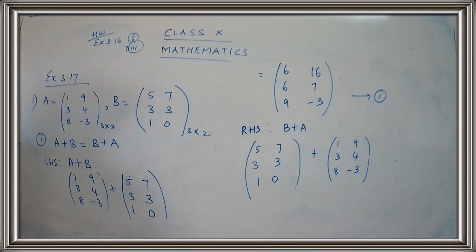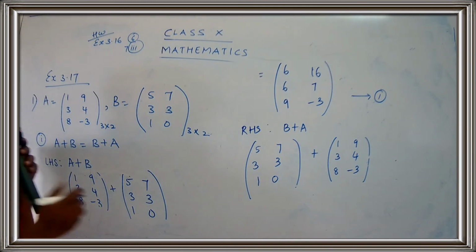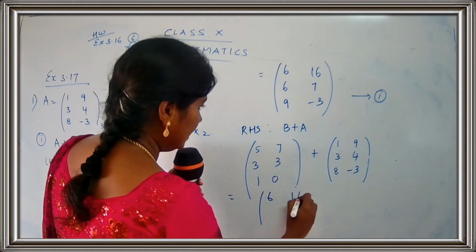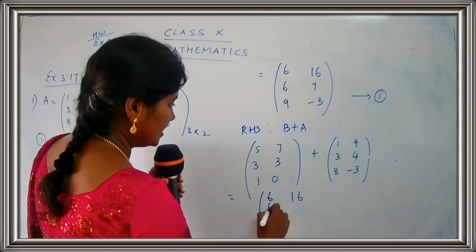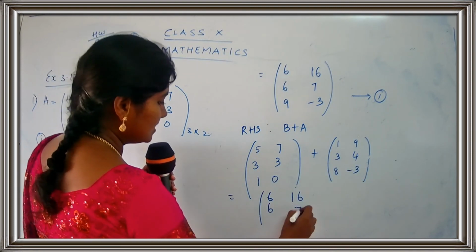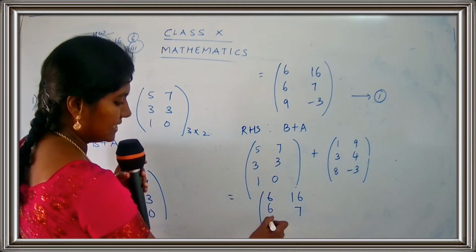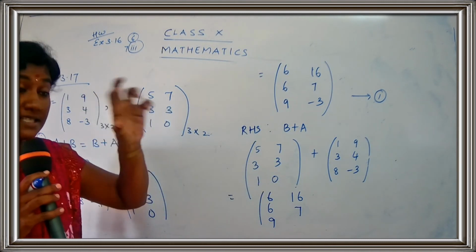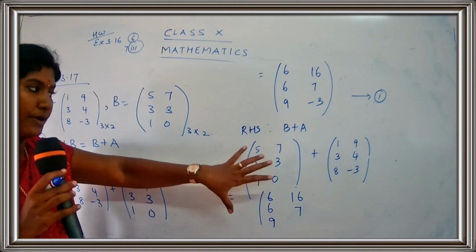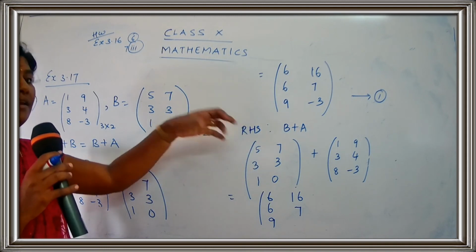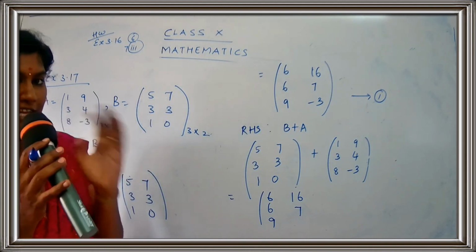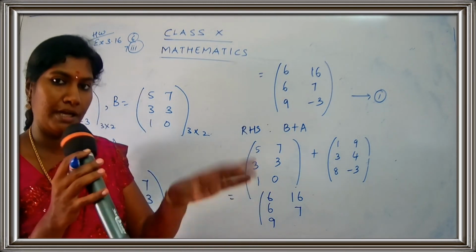So what is the answer you get here? 5 plus 1 is 6. 7 plus 9 is 16. 3 plus 3 is 6. 3 plus 4, 7. 1 plus 8, 9. Be careful. The mistake we may make here is taking the wrong combination of elements.